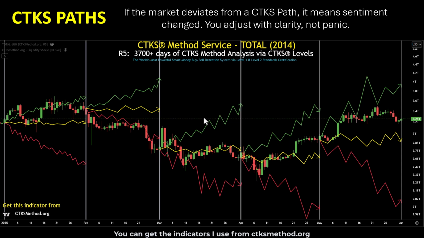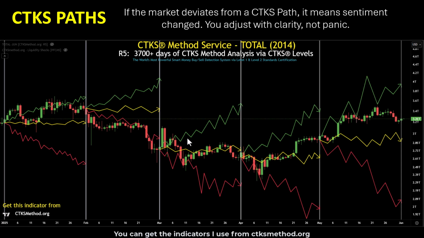Knowing where structure passes and fails is exceedingly important, because price will either react and the buyers will become exhausted, or price will react and the sellers will become exhausted. If you've ever wondered why you can have changes in the price paths like this, it's because of buyer exhaustion, seller exhaustion. It's a very powerful way to look at your CTKS paths.